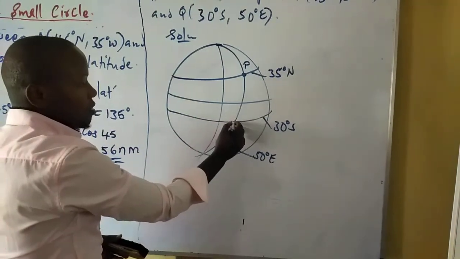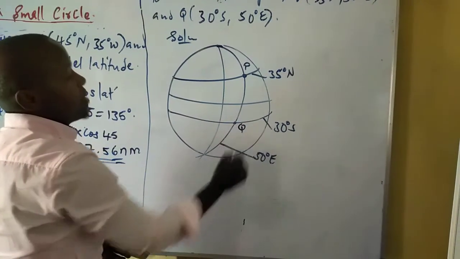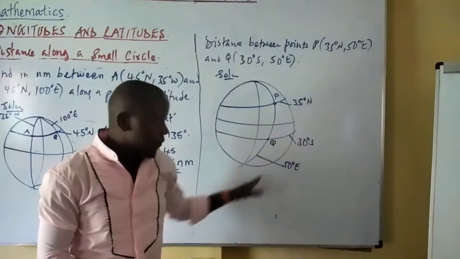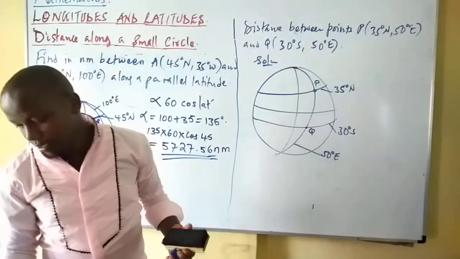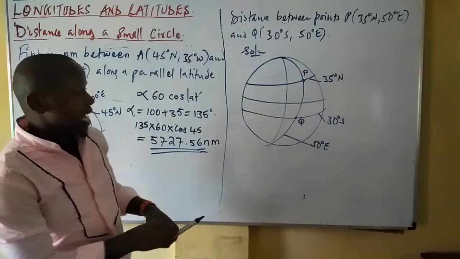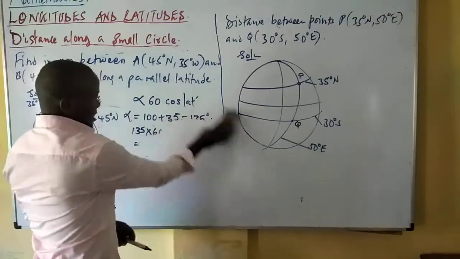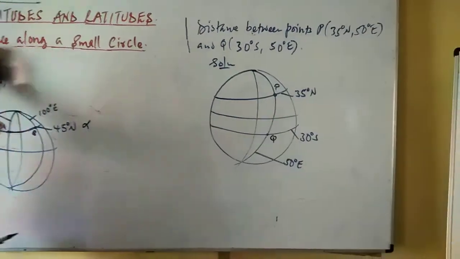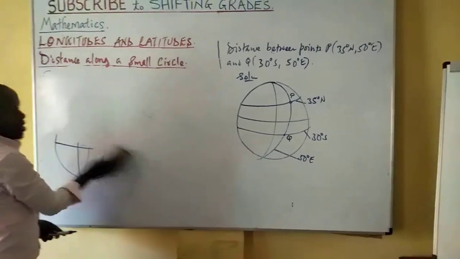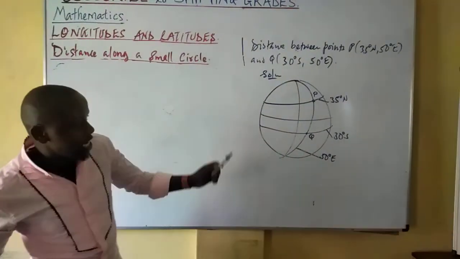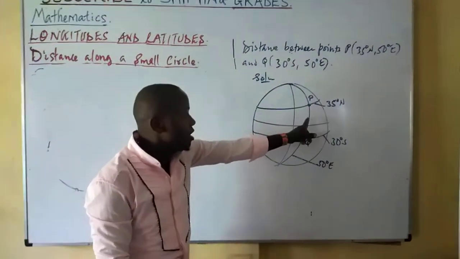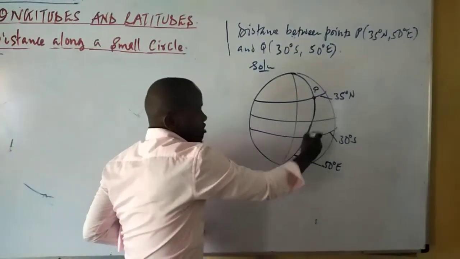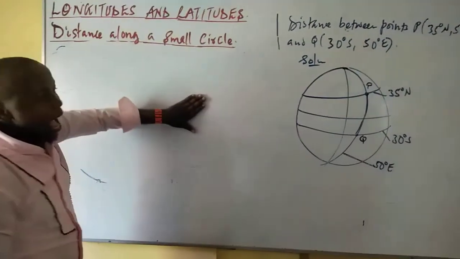So it means the two places are on the same great circle. Both P and Q are on longitude 50 degrees east. This is an indication that we are calculating distance along a great circle, because P and Q are on the same longitude. It means we are getting distance along a great circle or along a longitude.